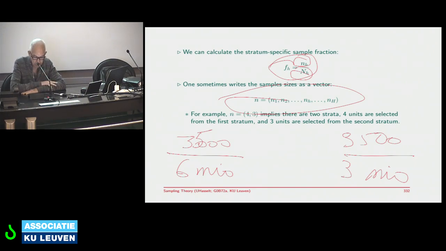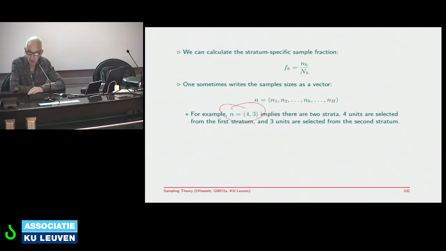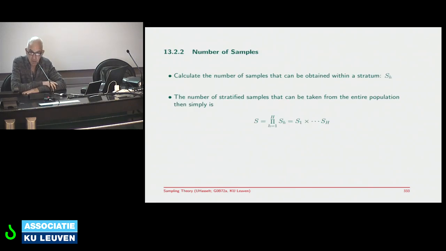Okay. Sometimes we look at the sample size vector n, which is all the sample sizes, one listed next to the other. Okay, so if you say n is equal to (4, 3) in a stratified exercise with 2 strata, this means we have to select 4 people from stratum 1 and 3 people from stratum 2. How many possible samples can we have? Well, you calculate the number of samples per stratum and you just multiply that.